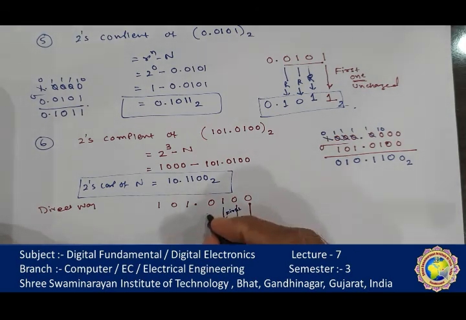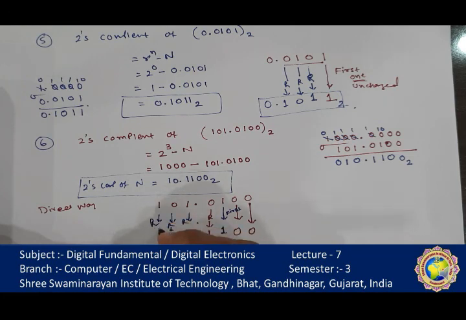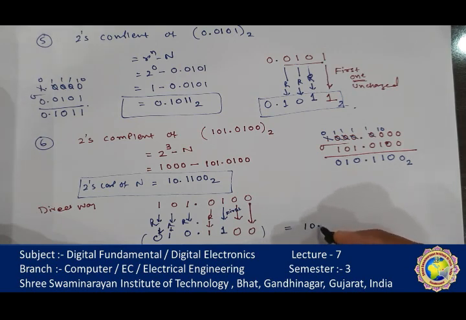Now 0 is replaced by 1 and 1 is replaced by 0. 0 is replaced by 1 and 1 is replaced by 0. So in this way also we got the answer 010.1100 in binary.